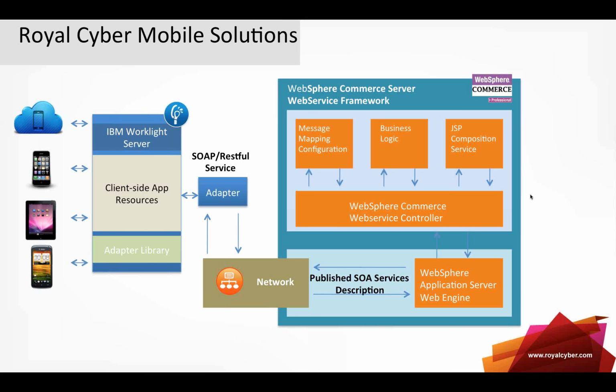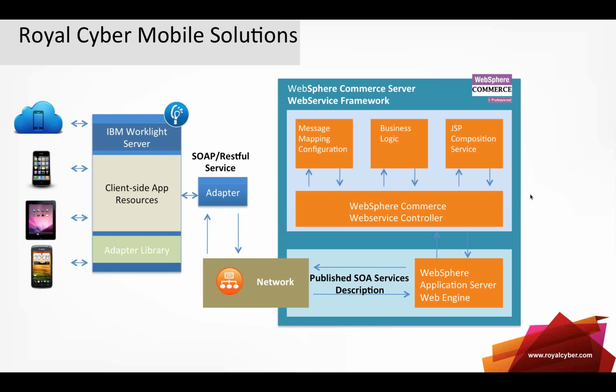So I've talked a lot about rural cyber's mobile offerings, but you might be interested to know what goes underneath the covers, what it is that we do. What are the products we use? From a mobile standpoint, since being IBM's partner, our whole mobile strategy is to use the IBM products.